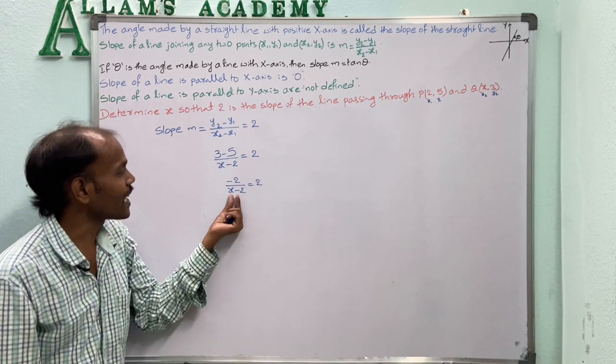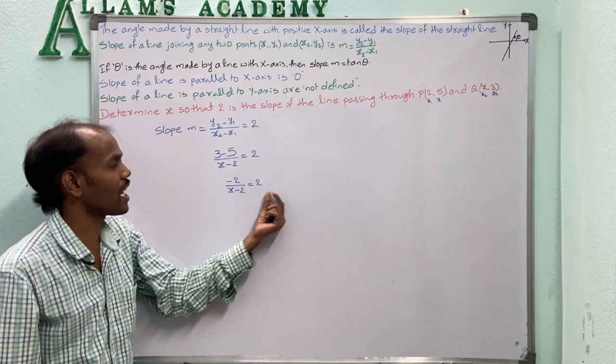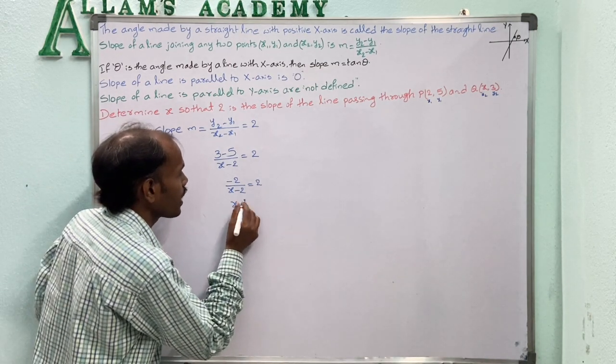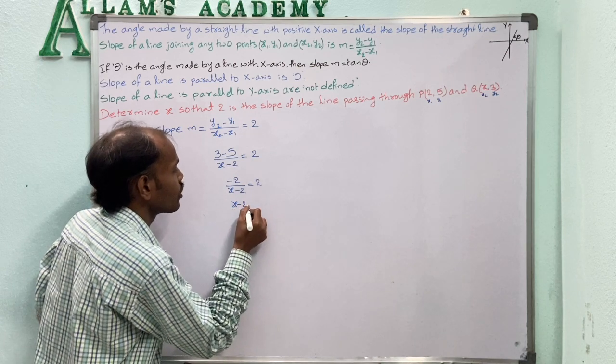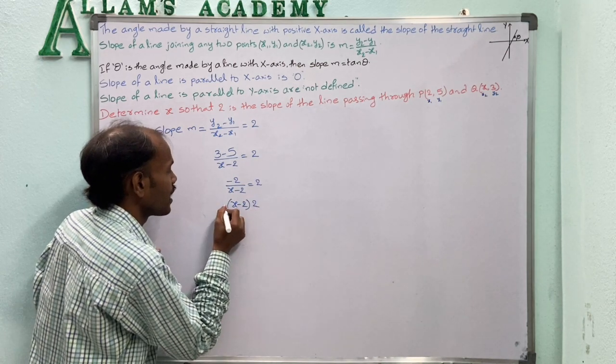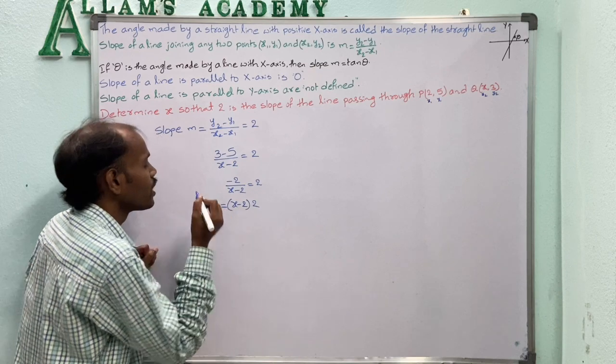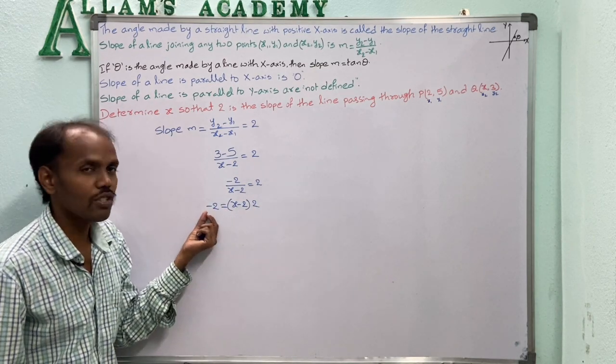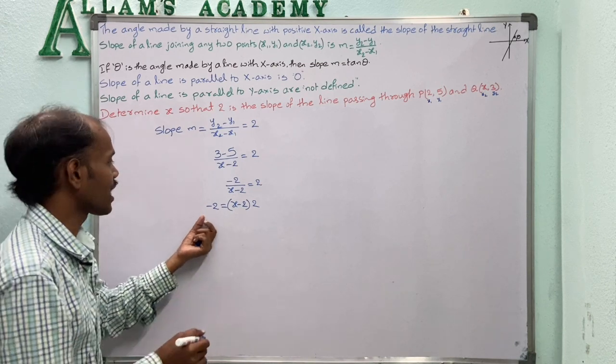Now the denominator x minus 2 is transferred to the RHS, that is the product. So x minus 2 into 2 is equal to minus 2. Now the multiplication by 2 is transferred to the LHS, that is the division.